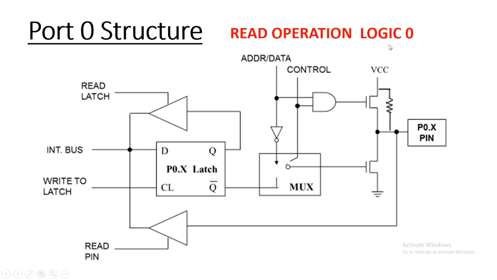How does the read operation take place in port 0? For the read operation, you have to supply logic 1 to the D pin, so 1 and 0 are the outputs at Q and Q bar. The control is 0, since it is being used as the IO bus. Because of the 0, the output of this AND will be 0, and eventually it will switch off this FET.